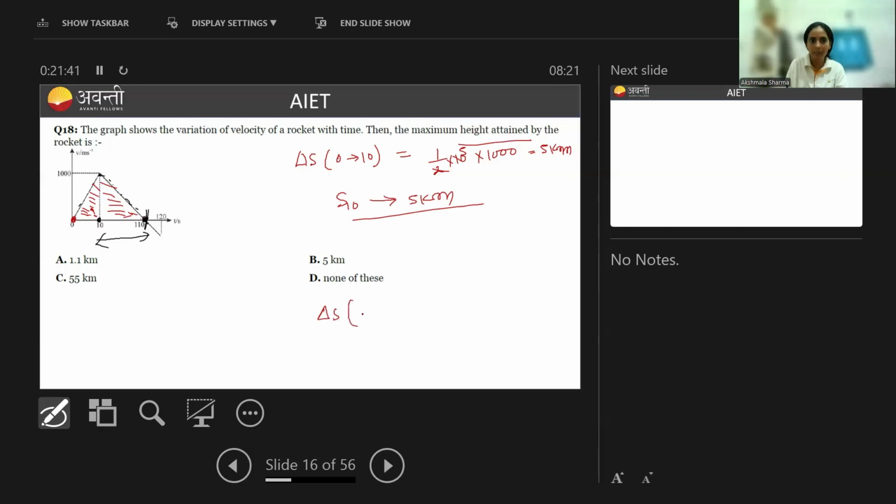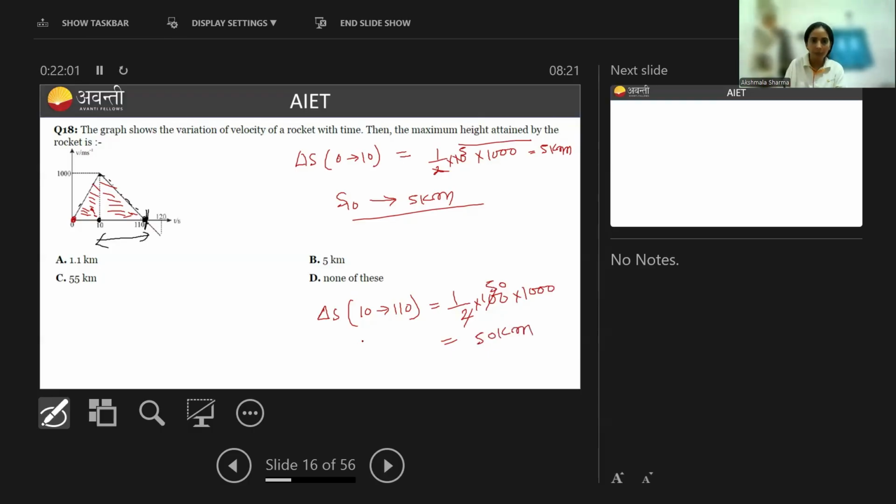So delta S in 10 to 110 second will be equal to how much? It will be half into 100 into 1000. So this is equal to how much? This will become 50,000, that is 50 kilometers.